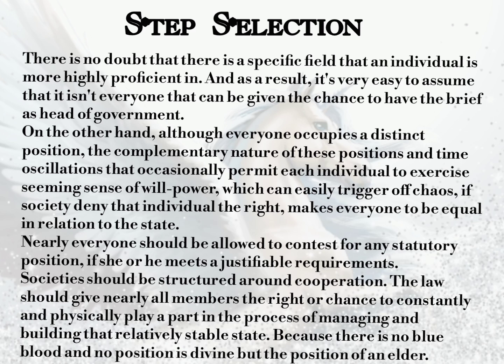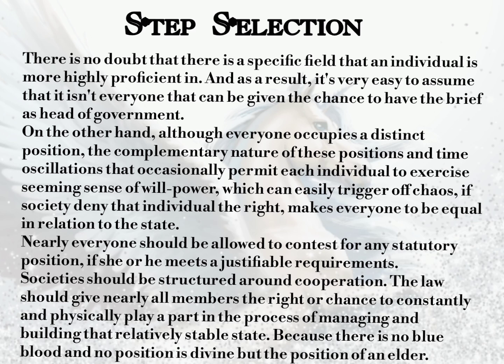Nearly everyone should be allowed to contest for any statutory position, if she or he meets justifiable requirements. Societies should be structured around cooperation. The law should give nearly all members the right or chance to constantly and physically play a part in the process of managing and building that relatively stable state.